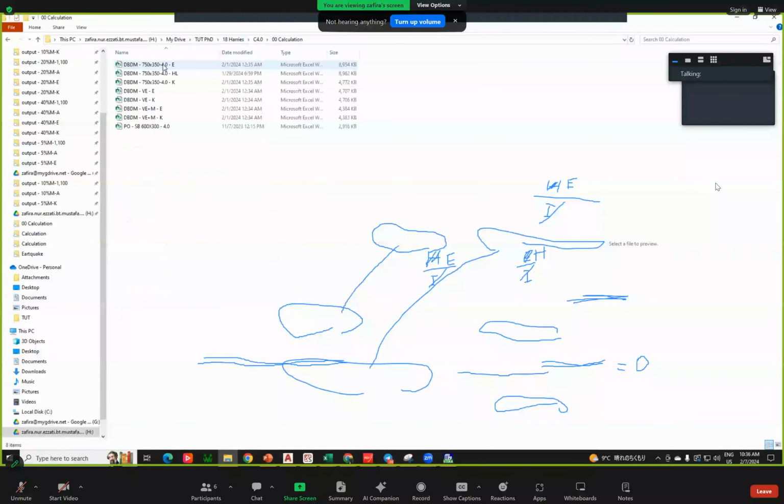No, it's a maximum value. You know, if force and displacement, M and theta, so you are talking about maximum moment and maximum, you are talking about potential energy.